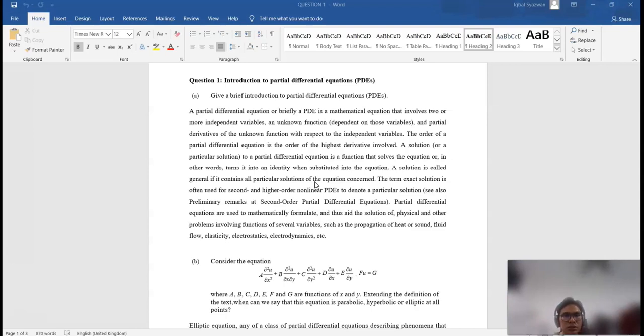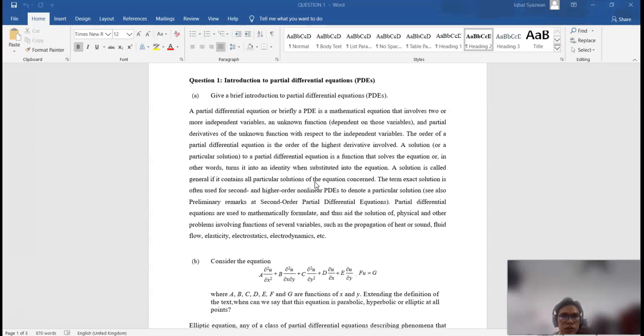A partial differential equation, or briefly PDE, is a mathematical equation that involves two or more independent variables, an unknown function dependent on those variables, and partial derivatives of the unknown function with respect to the independent variables.